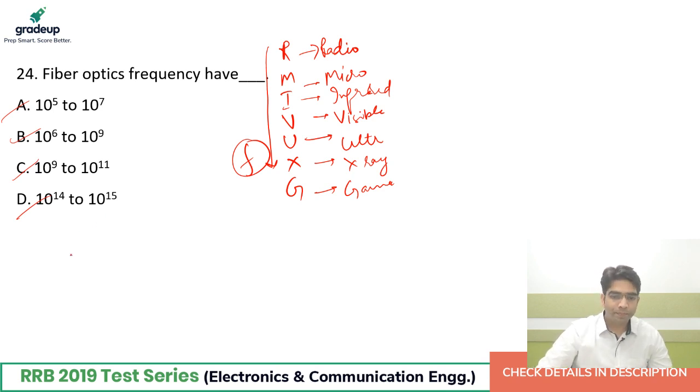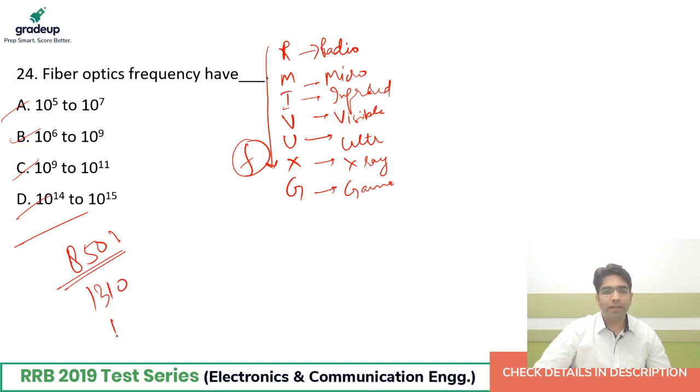Let us see. Hold on. Have you seen the 850 window? There are different windows to transmit: 850, 1300, 1550. So the closest answer will be in the terahertz range, and it will be this.